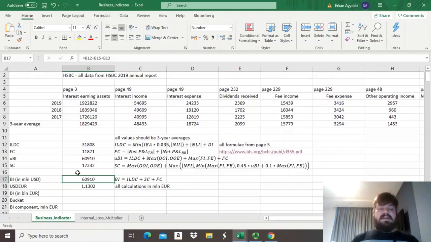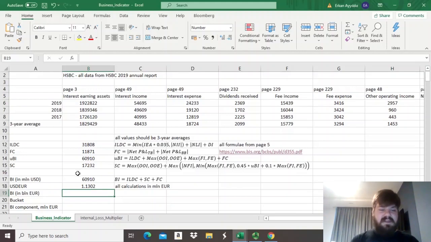So now, as Basel has all of its guidelines and thresholds that we use to determine bank size in euros, not in dollars, and HSBC has US dollars as its reporting currency, we need to adjust the business indicator to billions of euros.